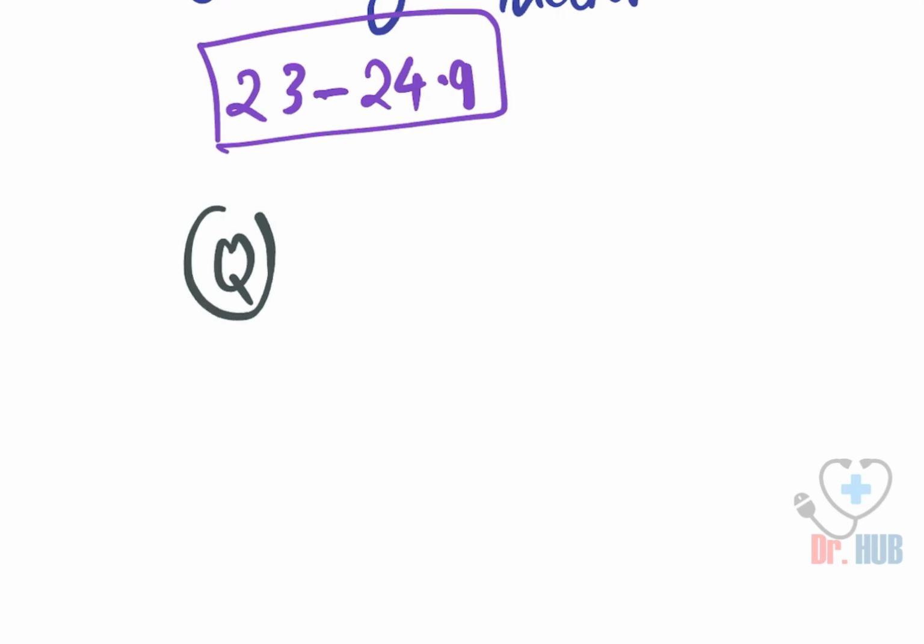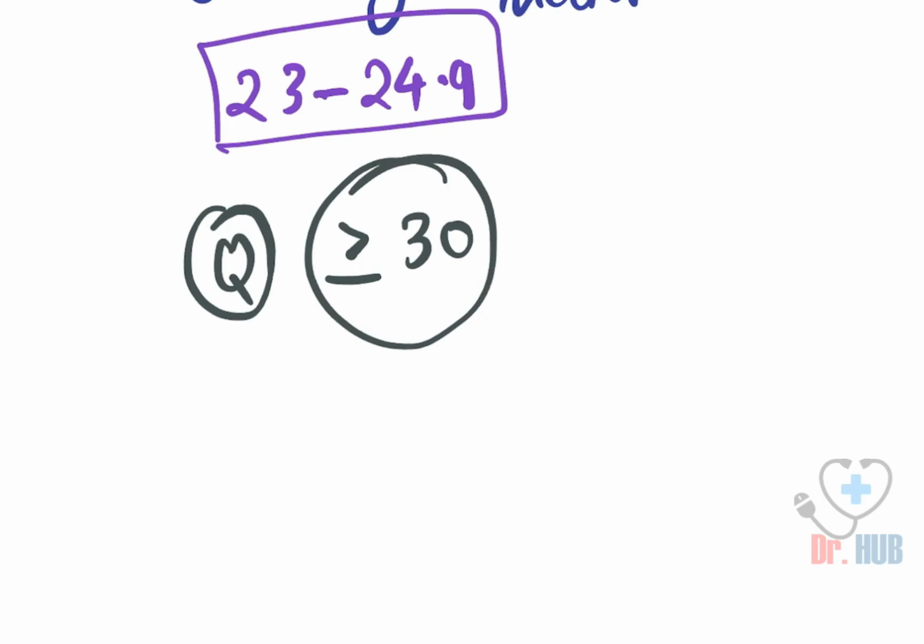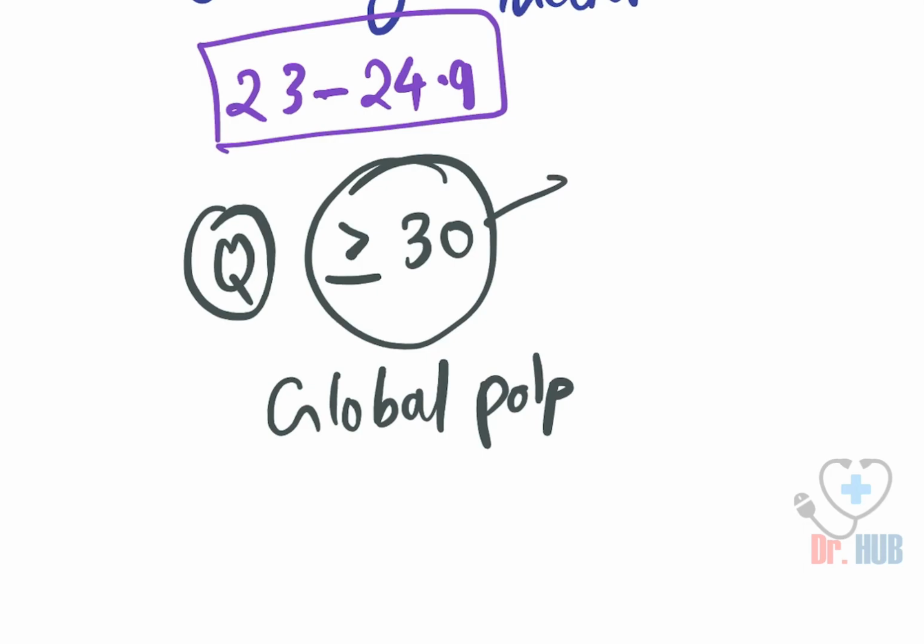The next question was, what is obesity in the global population? Obesity was considered greater than 30 in terms of the global population. Whereas in the Indian population, greater than 30 stands for class 2 obesity.